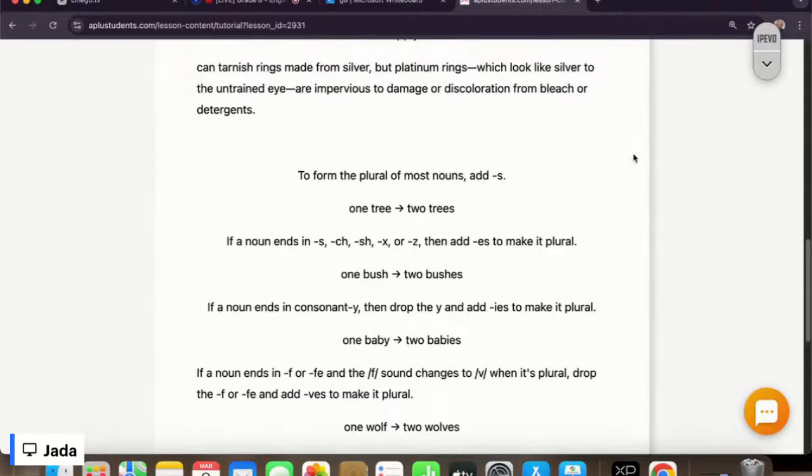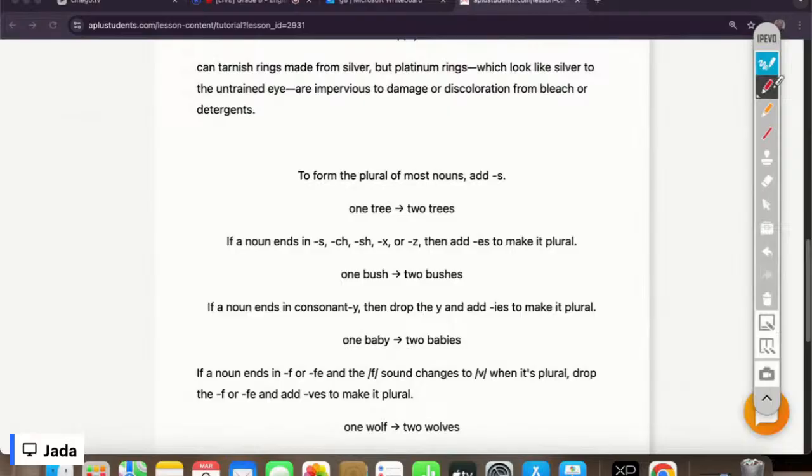Alright, so to form the plural of most nouns, you have to add s. For example, we have game, then when you add s, it becomes what? Games. Okay. Then if it ends in s, c h, s h, x, or z, then you have to add es to make it plural.